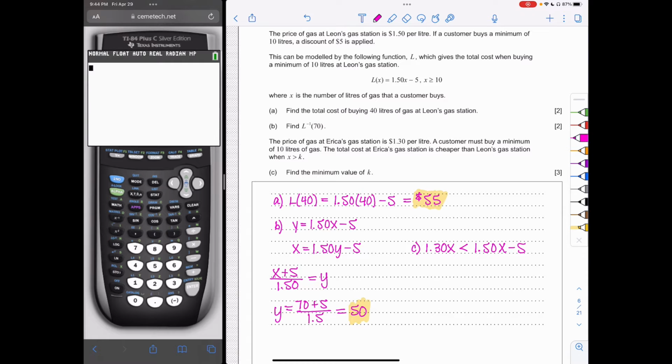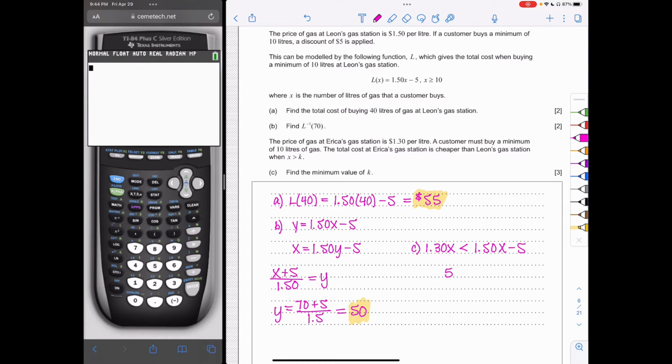So when I solve this inequality, I am going to add 5 to both sides and also subtract $1.30X on both sides. So here, if I add 5 to both sides, I'm going to end up getting 5 on the left side.